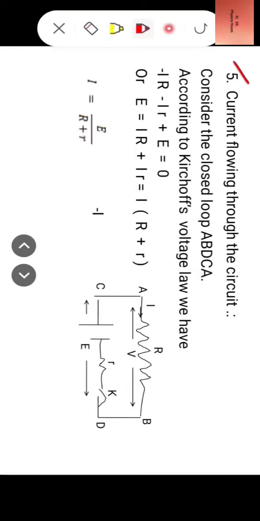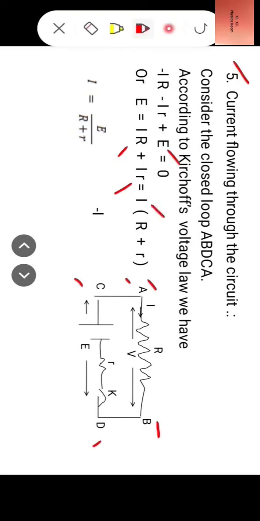Now fifth point, current flowing through the circuit. Consider the closed loop A, B, D, C, A. According to Kirchhoff's voltage law, we have minus IR minus I small r plus E equal to 0. Or we can write E is equal to I into capital R plus I into small r.